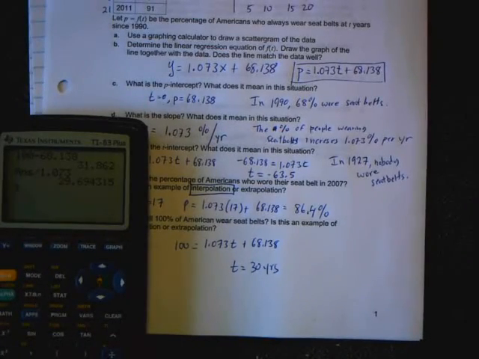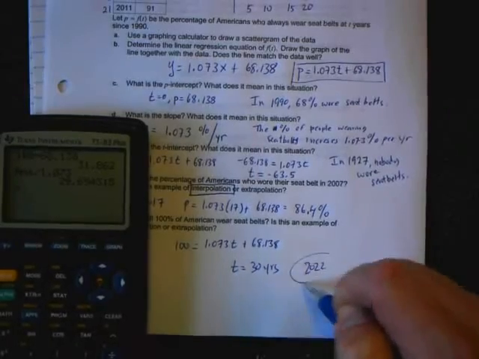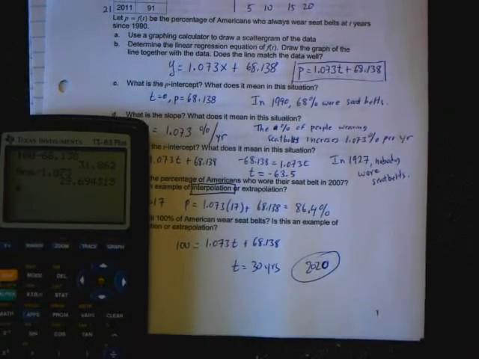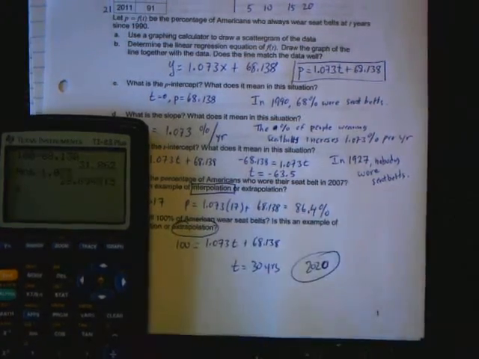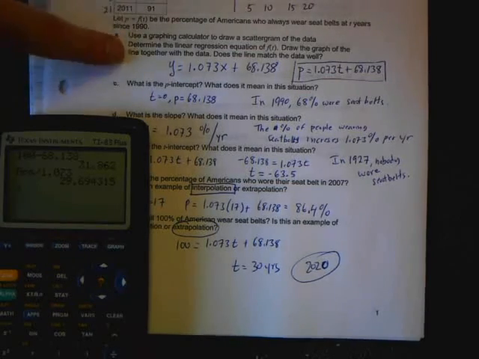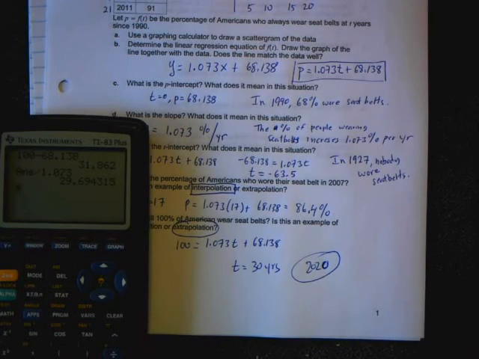So we predict, in the year 2020, everybody will wear their seatbelts. And in this case, that is extrapolation, because 2020 is outside of the data we were given. Do you believe that? Do you believe that by the year 2020, everybody will wear their seatbelts? No, probably not. But again, that's what our model predicts. Questions on that?